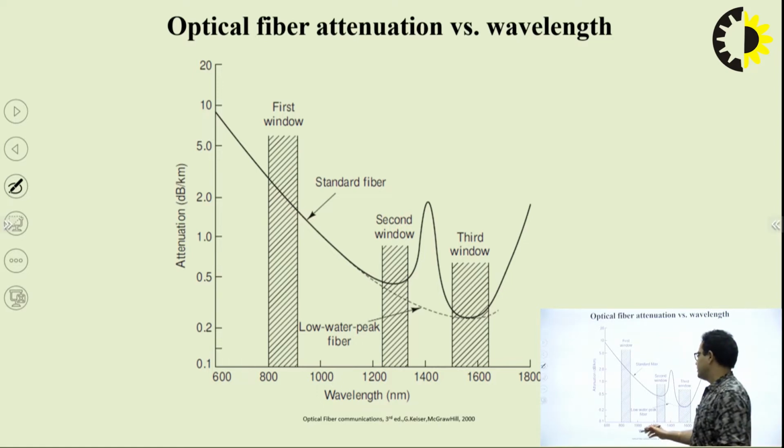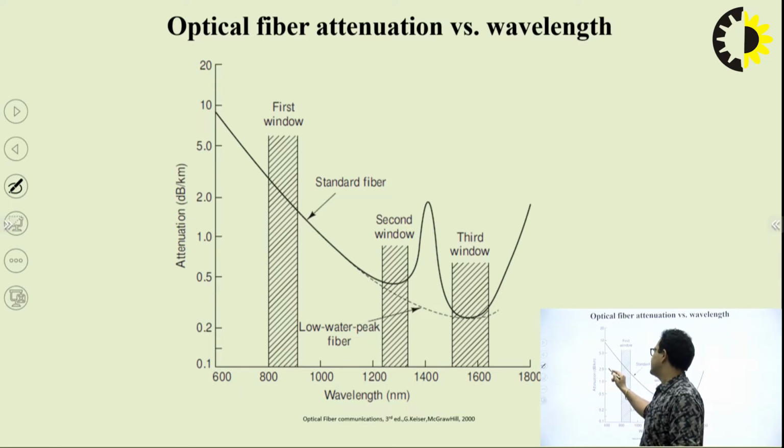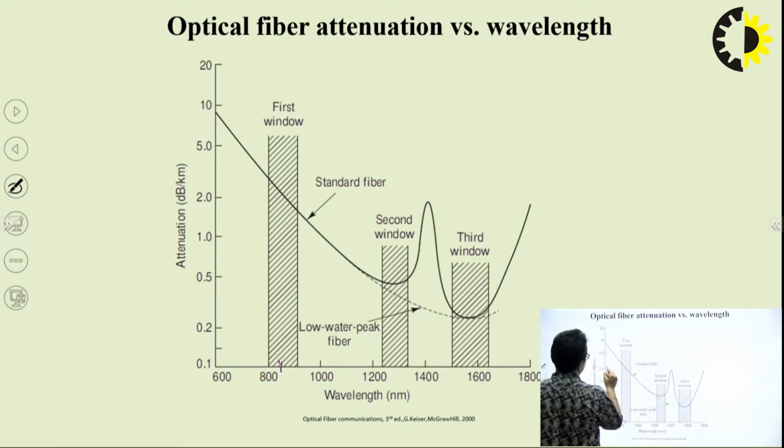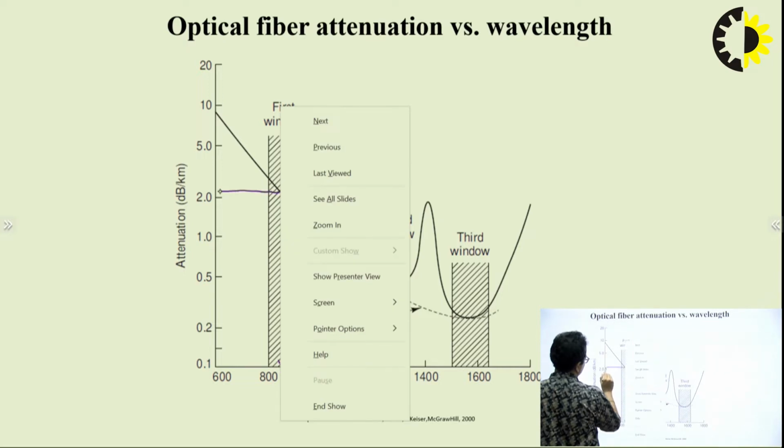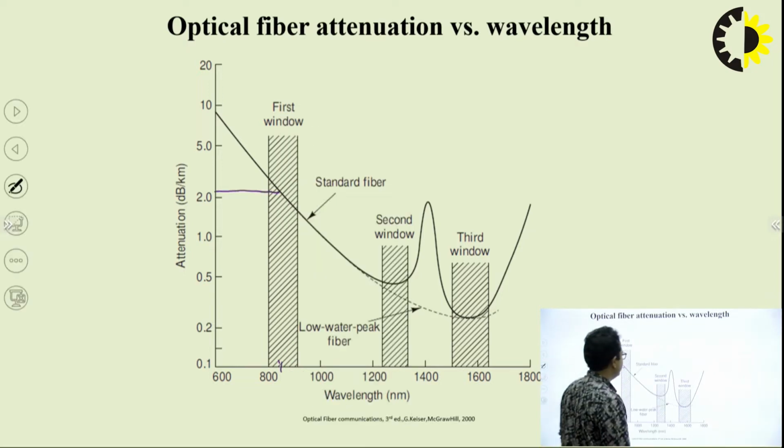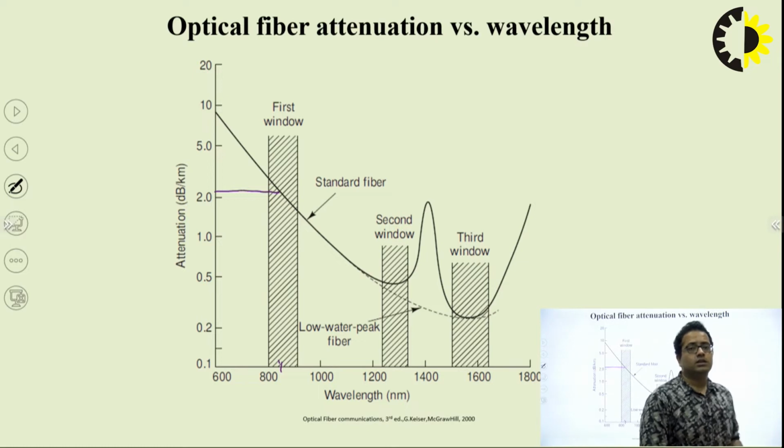These are the 3 windows, first, second and third, that we have already discussed in unit 1. In the 850 nanometer window, we can easily see that the loss is around 3 dB per kilometer.